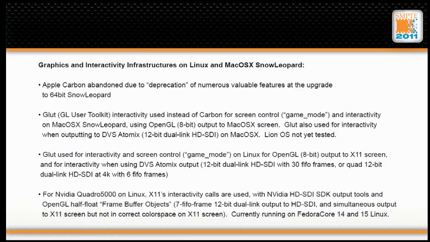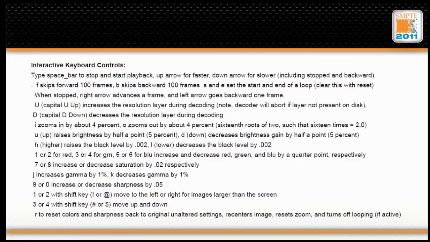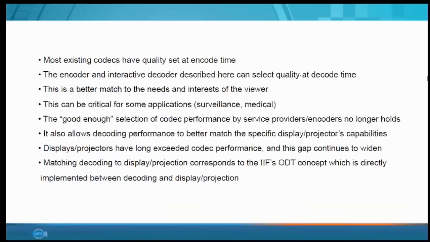The Quadro 5000 runs under X11 on Linux, so I'm using the X11 interactive toolkit. So here are all the controls I have: start, stop, exposure adjust, sharpness change, and I'll demonstrate these.